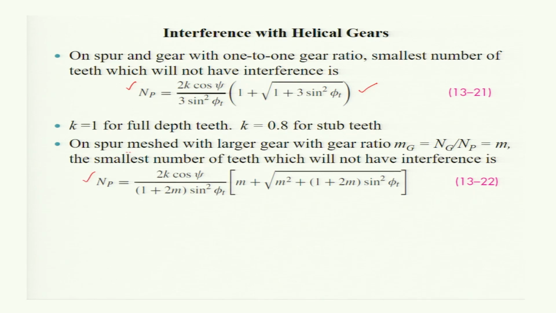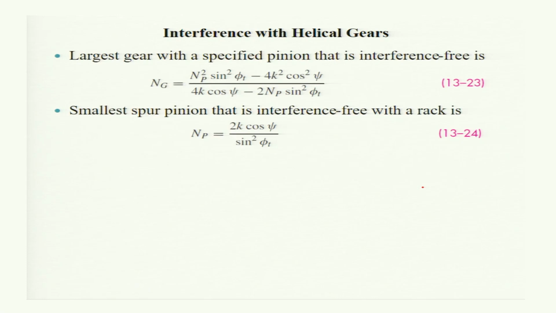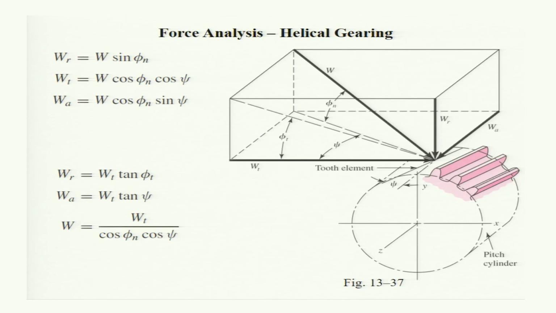And for a pinion meshed with a larger gear, with gear ratio mg equal to number of teeth on the gear divided by number of teeth on the pinion, equal to m, the smallest number of teeth which will not have interference is given by this formula. The largest gear with a specified pinion that is interference free is this one. The smallest spur pinion that is interference free with a rack is this one.